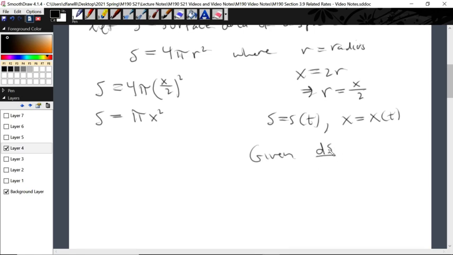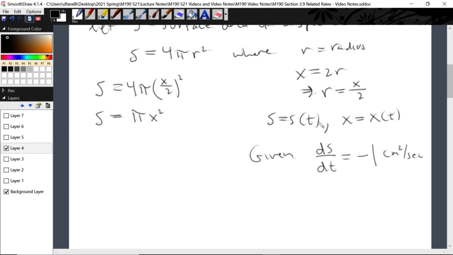The rate of change of the surface area with respect to time, dS/dt, is equal to a negative quantity to indicate it is decreasing. The units match the derivative notation: centimeters squared for surface area, seconds for time, and the negative is because the surface area is decreasing. So we're given that.